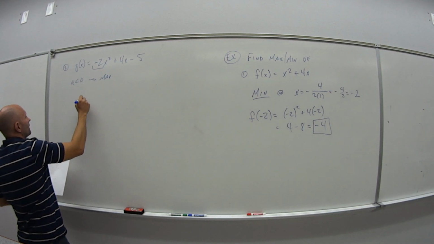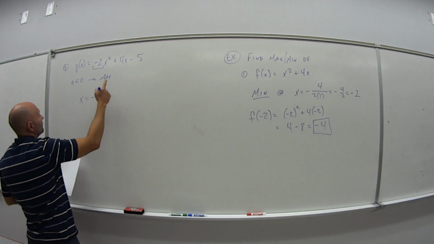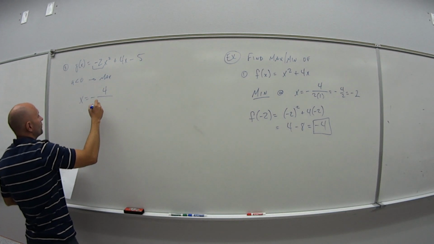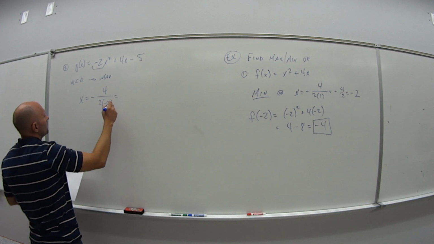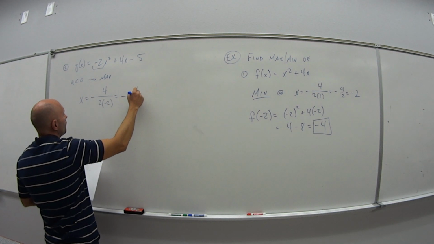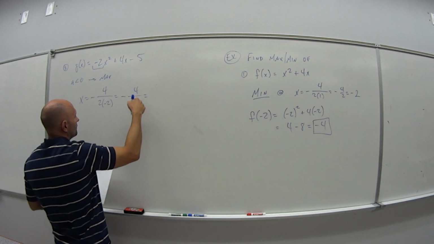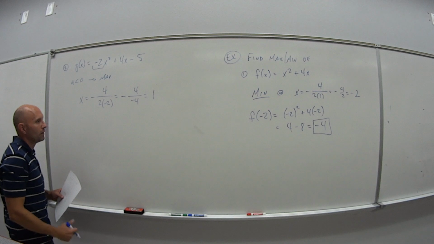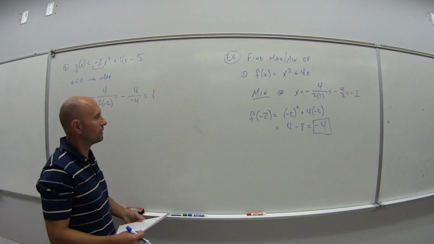So the maximum occurs at x equals negative b, which is positive 4, over 2 times a, which is negative 2. So that's negative 4 over negative 4. Negative times negative is positive. 4 divided by 4 is 1. So this maximum occurs whenever x is equal to 1.